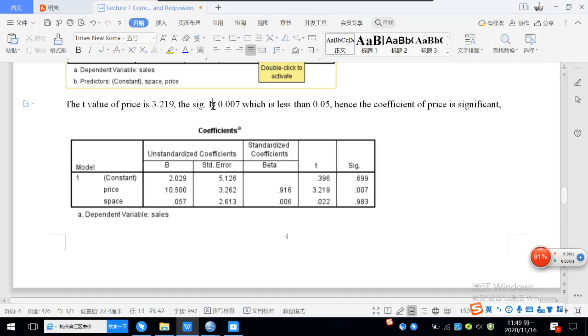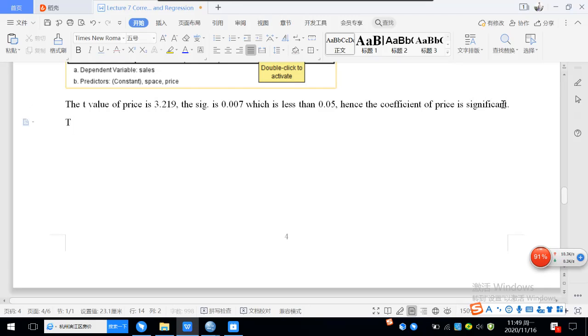Okay, it also means that the price has significant positive impact on sales.